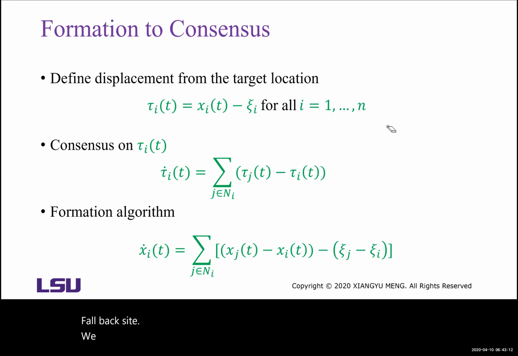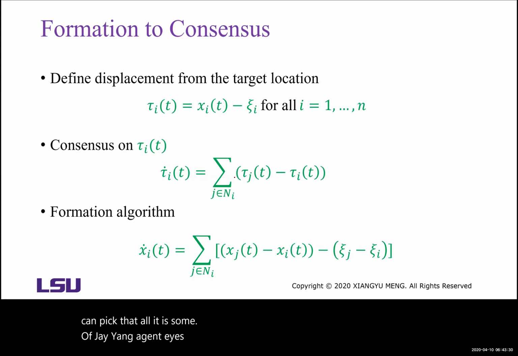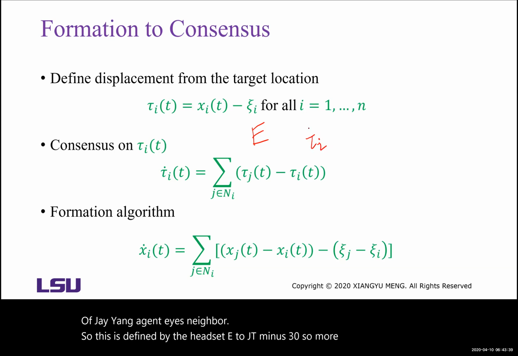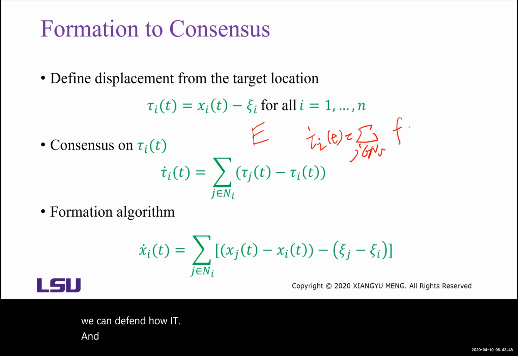We have talked about so many consensus algorithms, and for the simple case, we can pick tau i dot (t) as the sum over j in agent i's neighbors, defined by the edge set E, of tau j(t) minus tau i(t). More generally, we can define tau i dot as a sum over j in the neighbors of i of f applied to tau j(t) minus tau i(t).